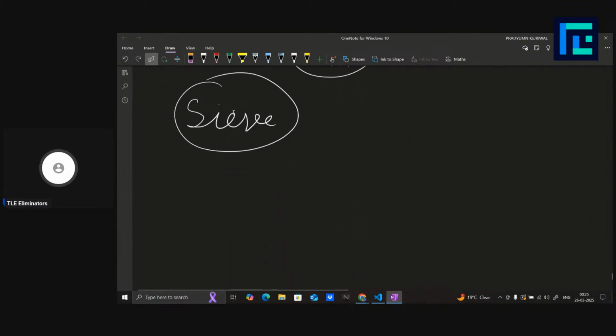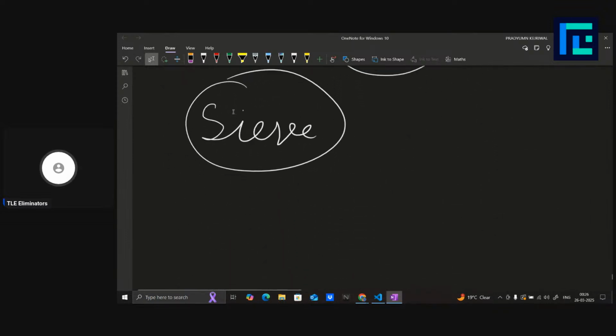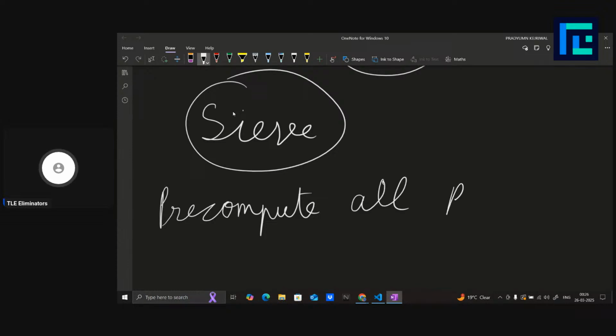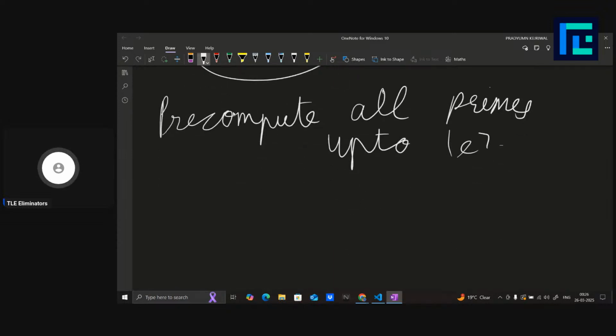So anyways, I was saying that you can pre-compute all primes up to 10^7. And it will take time O of n log n.